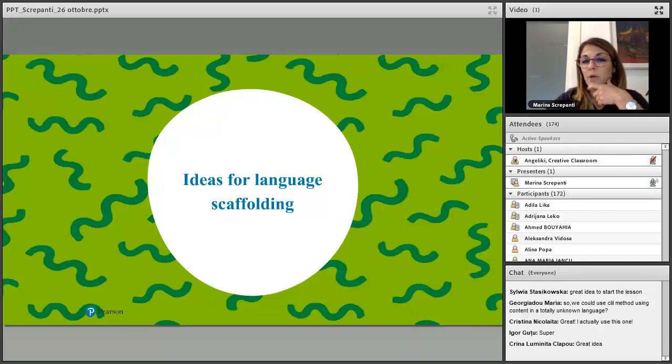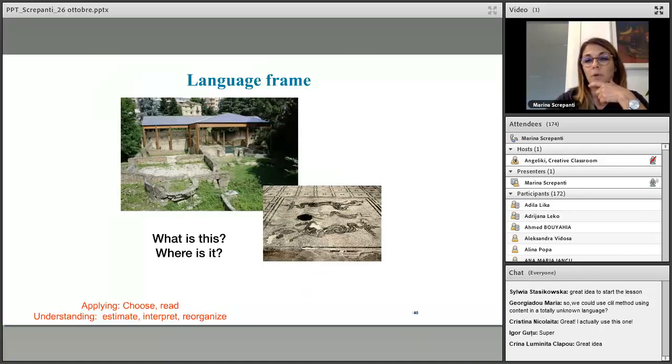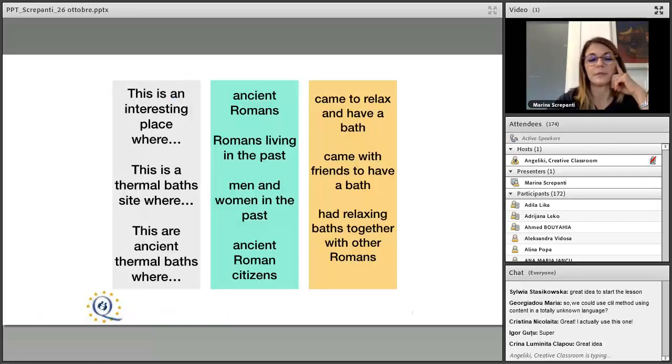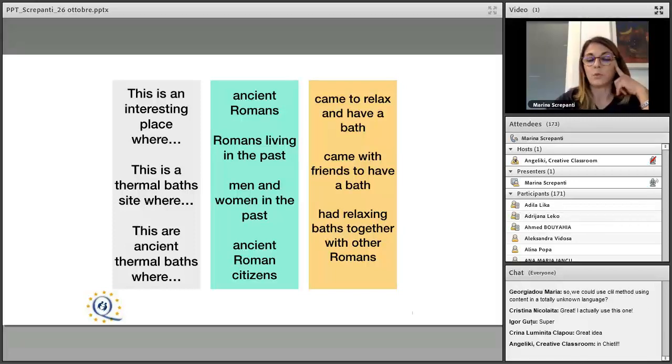There are many things you can prepare, but the most common are, okay, for example, language frames. If I ask this, what is this and where is it? This is part of my town. It is, they are thermal baths, Roman thermal baths. So I prepared, for example, this one, which is called the substitution table, where students can take one piece from the gray column, one piece from the green column, and one piece from the orange column.